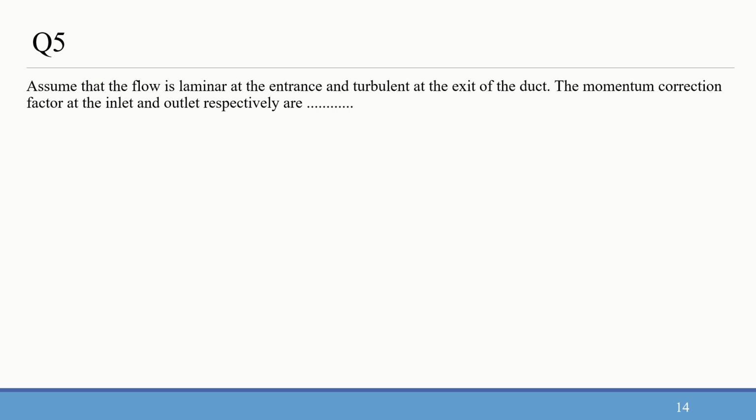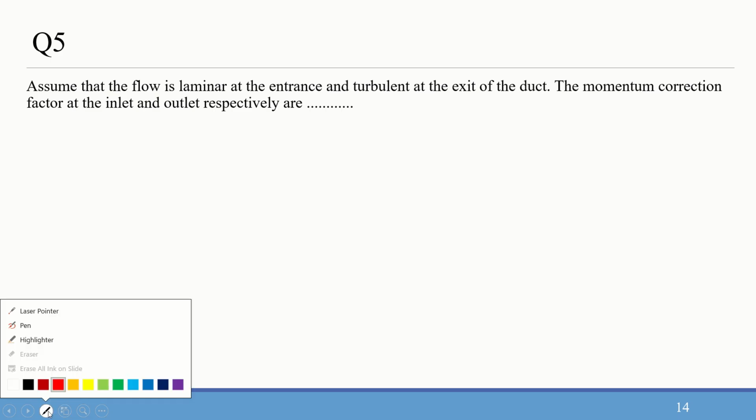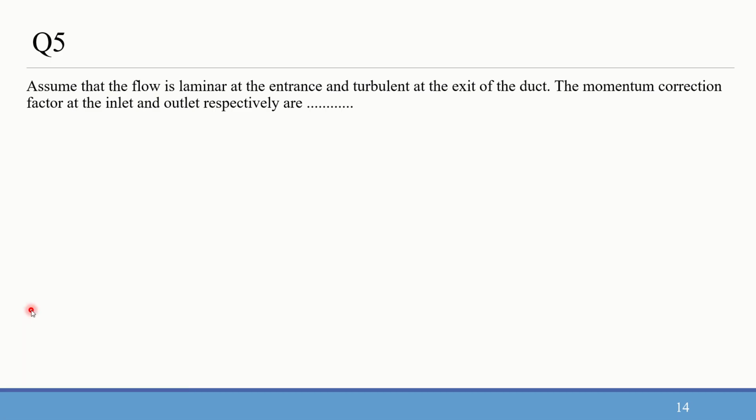Assume that the flow is laminar at the entrance and turbulent at the exit. The momentum correction factors at inlet and outlet respectively are dash. So we are asked to assume the flow is laminar at the entrance and turbulent at the exit, which also matches the values we got.